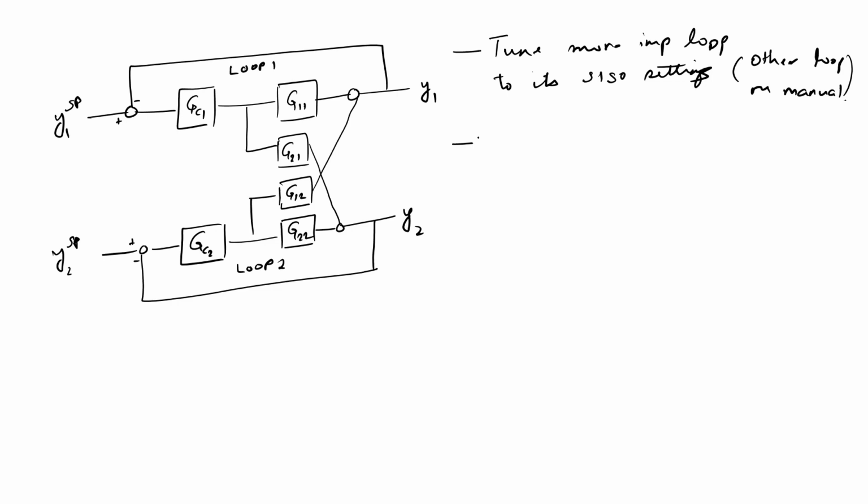Then what you do is, tune the next important loop with the previously tuned loop on auto.